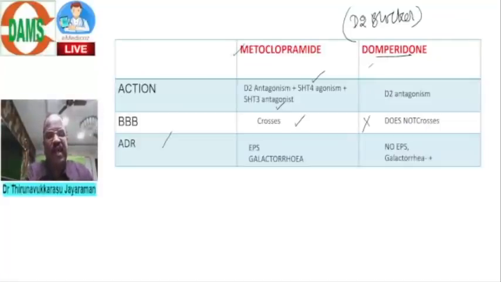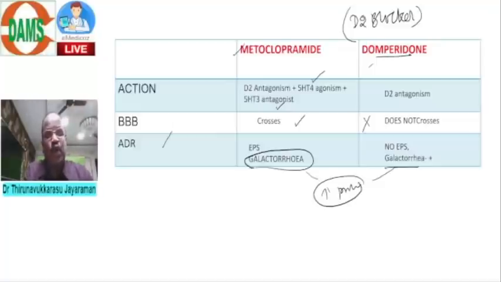But both drugs cause a common adverse effect, galactorrhea, because galactorrhea is due to excessive prolactin secretion. See, dopamine normally controls prolactin secretion. Dopamine normally inhibits prolactin secretion from the pituitary, whereas a dopamine blocker will increase prolactin release, causing galactorrhea.